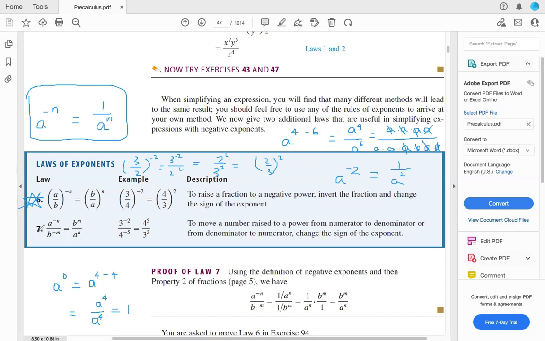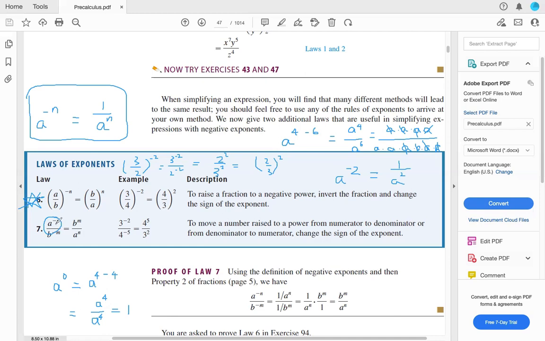So number 7 is the same thing, right? If I have a raised to the negative n divided by b raised to the negative m, and I want to get rid of this negative, because this negative bothers me, I can turn this one into the numerator by dropping the negative.